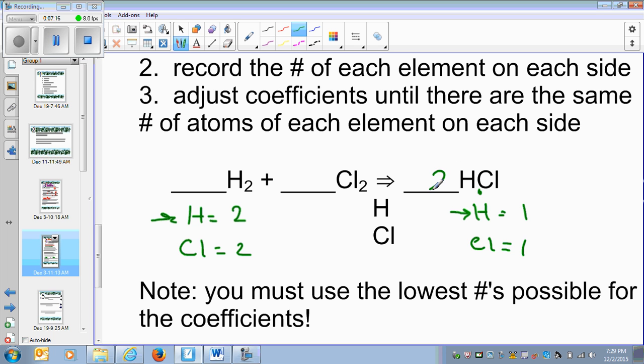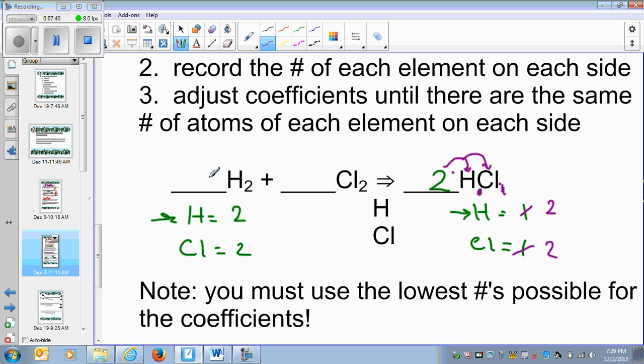Well, if I multiply by 2, this 2 times 1 will give me 2. And this coefficient multiplies with everything in front of it. This 2 also multiplies with chlorine. So it gives you 2 hydrogens and it also gives you 2 chlorines.